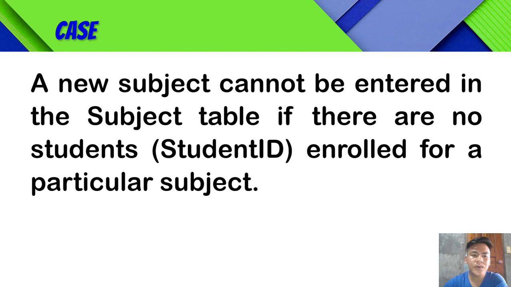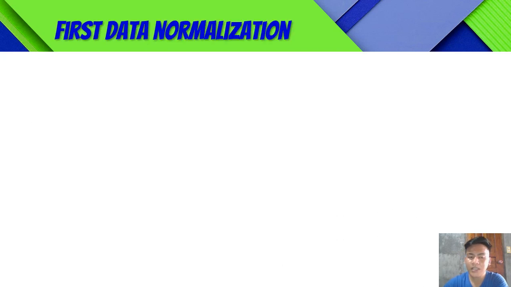Okay? That is the case that we need to solve at the end of our discussion video. So let's review the first normal form. Di ba, in the first data normalization, we converted the physical form into a database form.